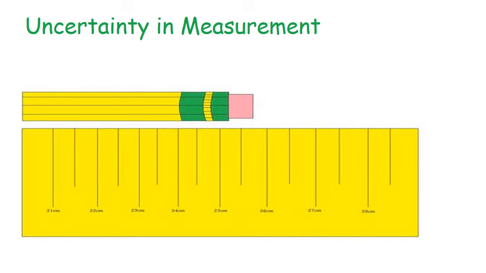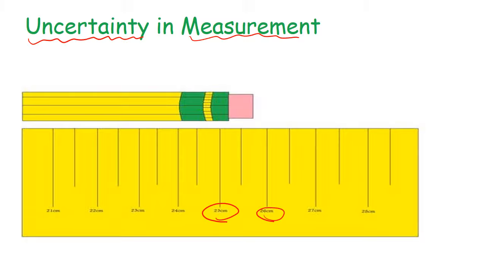Okay, before we can talk about significant figures, I need to talk a little bit about why we need significant figures. And we need them because there's always some uncertainty in your measurement. And you need to be able to communicate to whomever's reading your lab data what your level of uncertainty is. For example, take a look at this pencil. I know for sure that this pencil is somewhere between 25 centimeters and 26 centimeters.